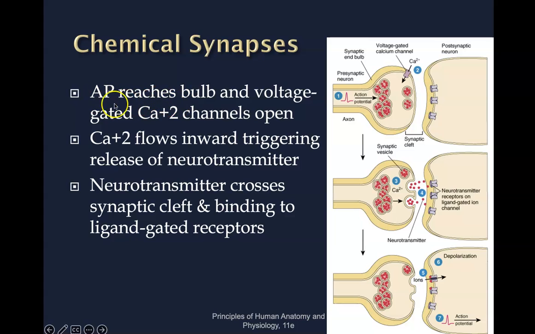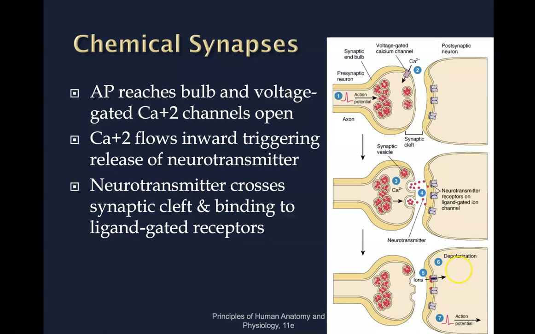And so just like I talked about here, the action potential reaches the synaptic end bulb. As it does, it's going to stimulate these voltage-gated calcium channels to open. Calcium, as it flows in, is going to trigger neurotransmitter to be released across this synaptic cleft. And then that neurotransmitter will bind to these ligand-gated receptors on these chemical-gated channels, allowing those channels to open and allowing ions through.